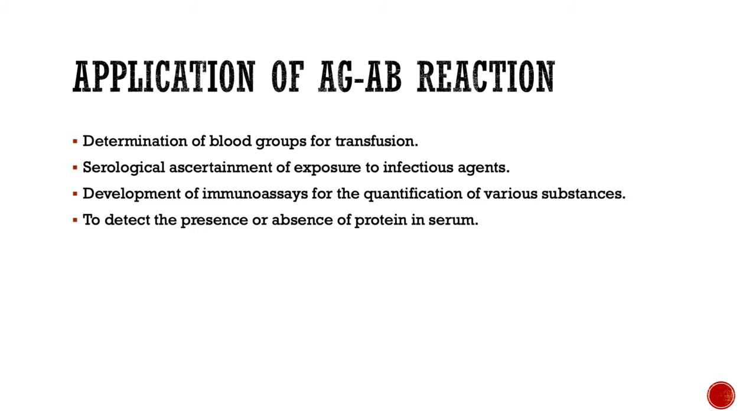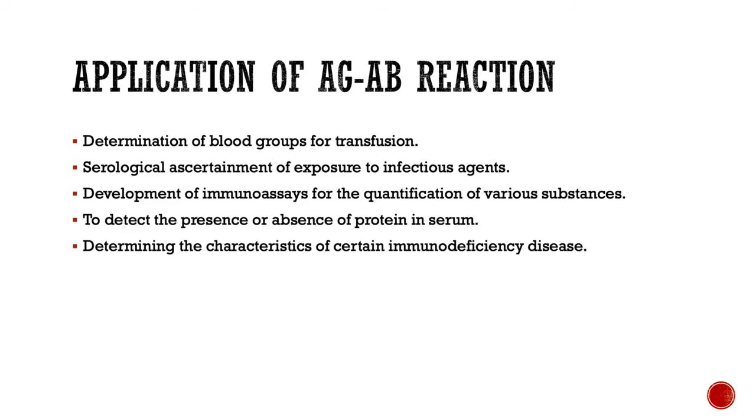We find out whether the specific antibody or antigen is present in the serum or not. And certain immunodeficiency diseases can also be determined by antigen antibody interaction. So these are the last stage of the antigen antibody reaction.